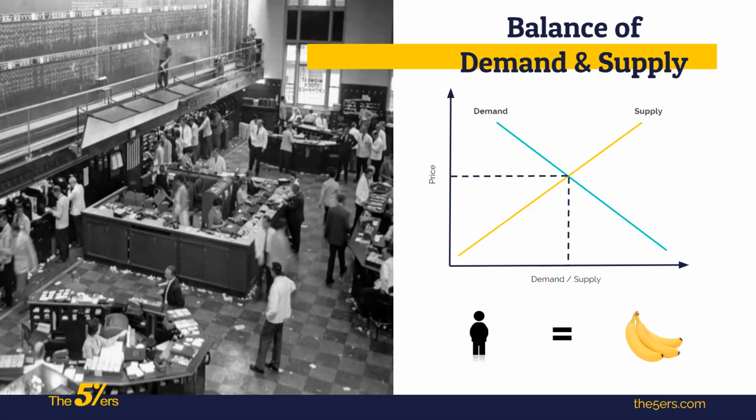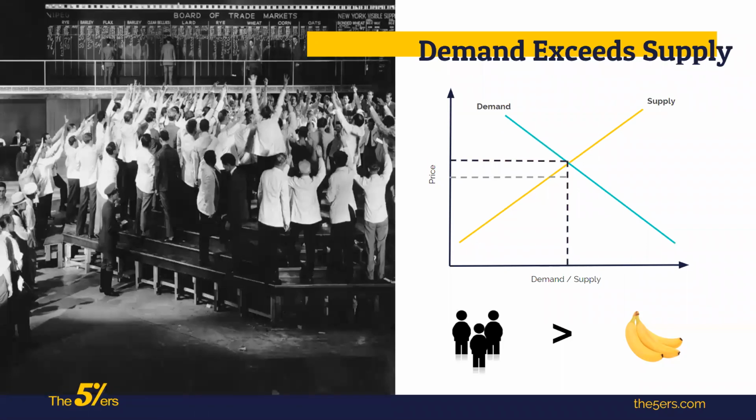But we all know, and this is also pretty obvious, that when there is more demand, let's take bananas as an example, if there are more people willing to buy a limited amount of bananas, they will fight for who can buy this product.